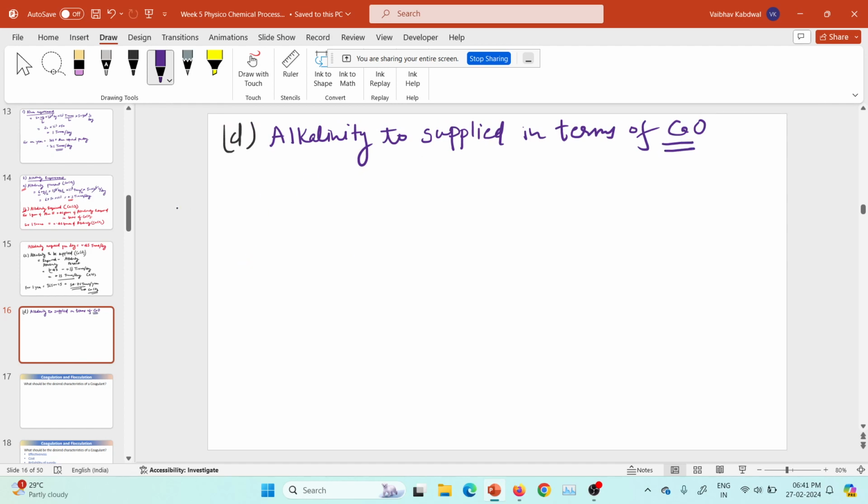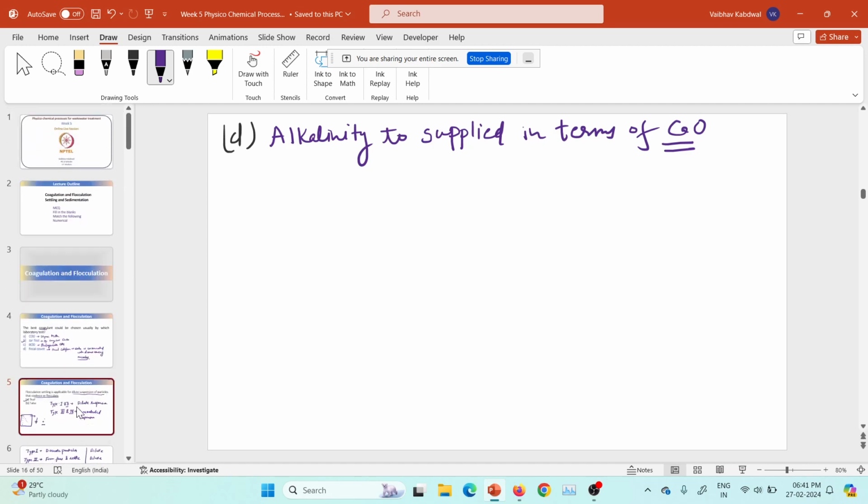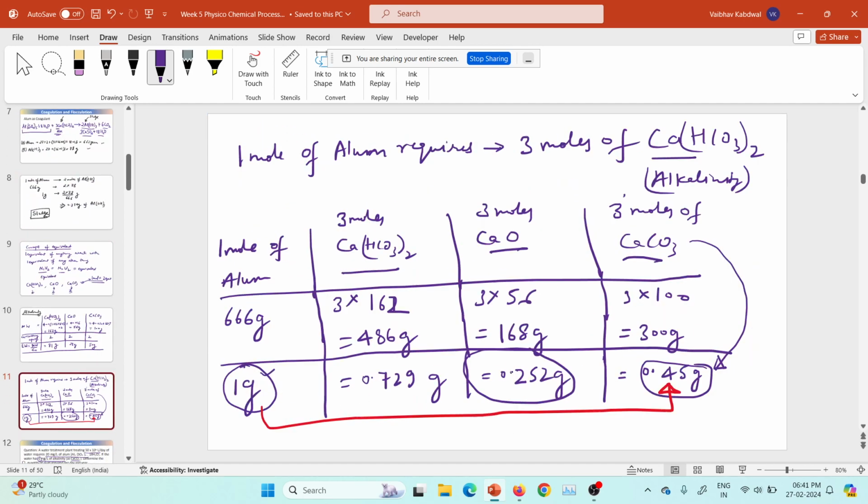So how can we calculate? We can again go back to the basics. We can compare these two also like this.